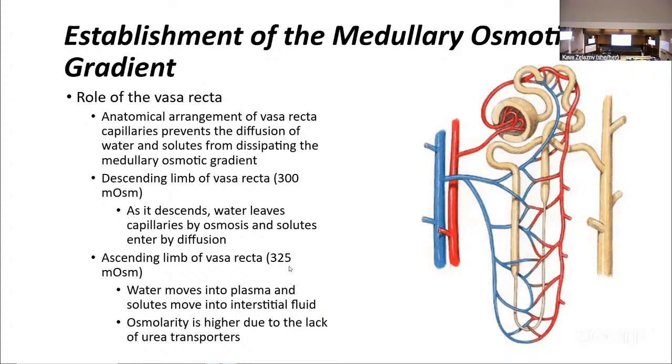So we're going to see the ascending limb of the vasorecta leaving water to go into the plasma, so into the blood, and solutes go into the interstitial fluid. These ones are not going to have the right urea transporters here, so we don't have to think about them. Really, what I want you to know about the vasorecta is just that they're helping that medullary osmotic gradient to be maintained here and not disappear.